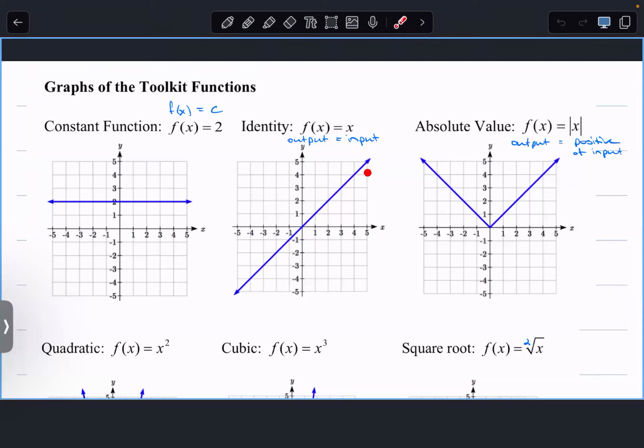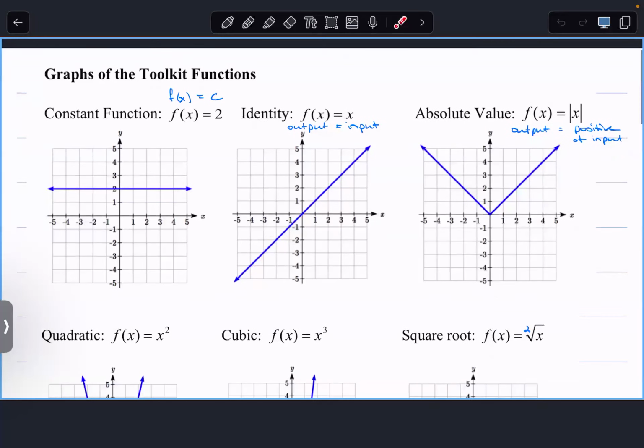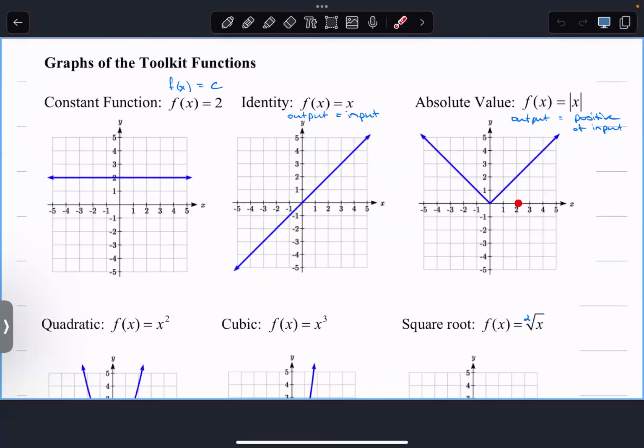Linear functions, they're one-to-one, right? Because I can put in some input, any input, and get a unique output. Right? How about the absolute value function? If I put in 2 or -2, the output is 2 both times, which is going to be, if you're trying to work backwards, that's where you run into trouble, right?